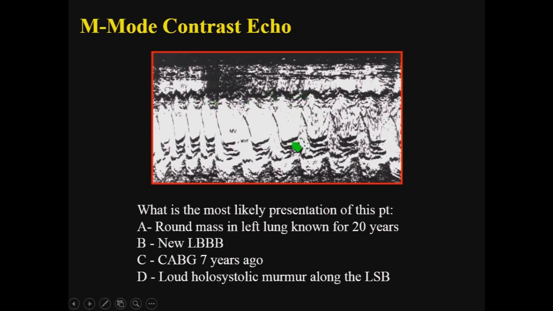At 4 beats, I start to see bubbles coming through the mitral valve, and then they fill the left ventricle. So I can tell you that this patient has an AV fistula with right to left shunt just by looking at the M mode.